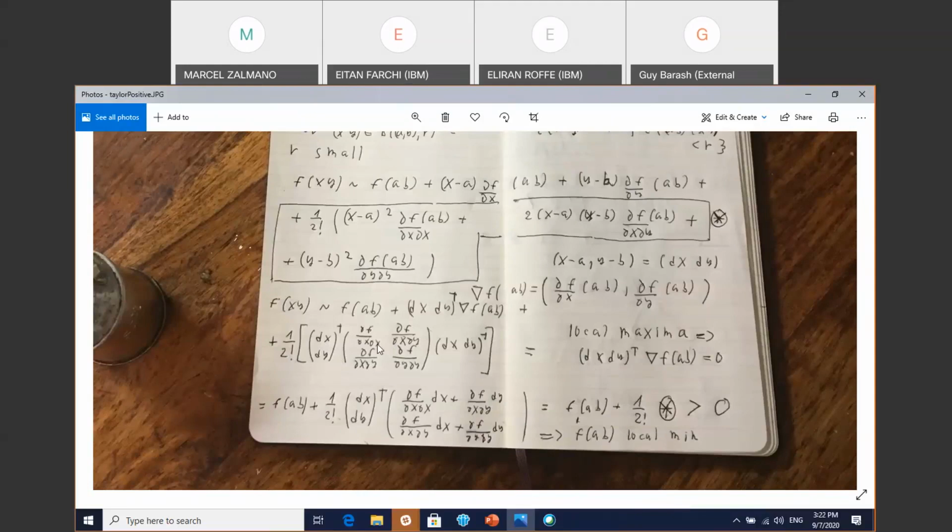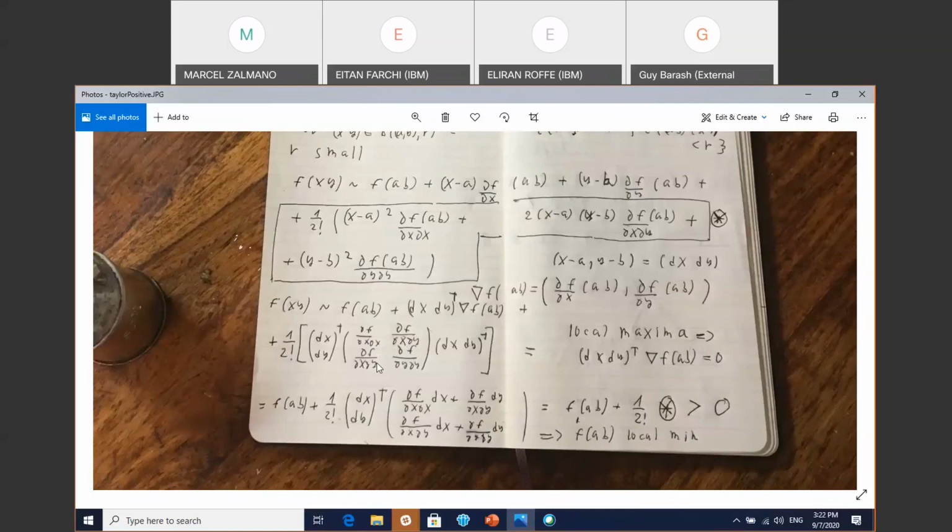Okay, but then this is what we learned in high school, right? We learned in high school that if the second derivative is bigger than 0 and the first derivative is 0, then the point is a local minima.